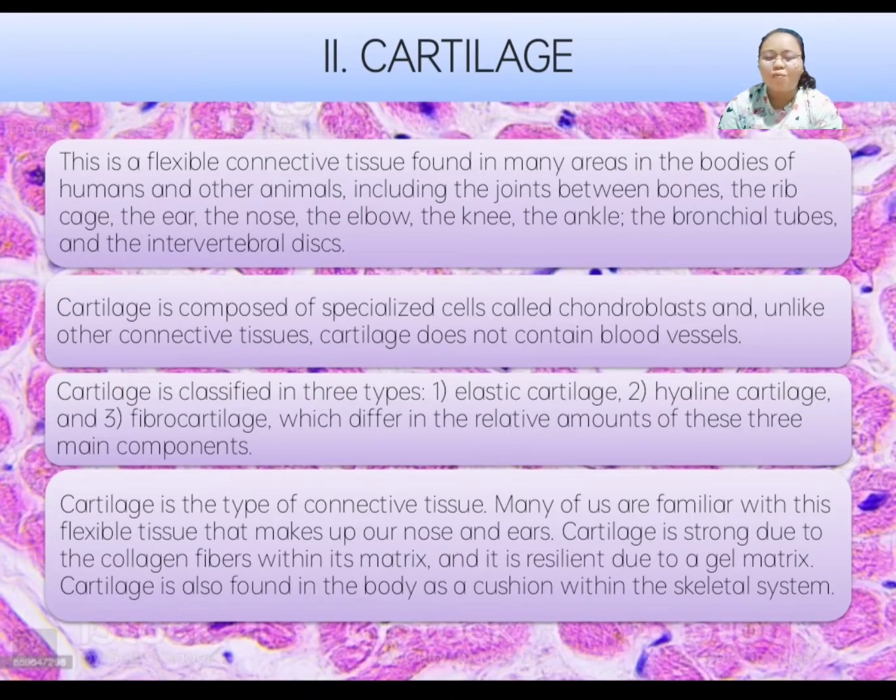Cartilage is the type of connective tissue where many of us are familiar with this flexible tissue that makes up our nose and ears. Cartilage is strong due to the collagen fibers within its matrix, and it is resilient due to the gel matrix. Cartilage is also found in the body as a cushion within the skeletal system.